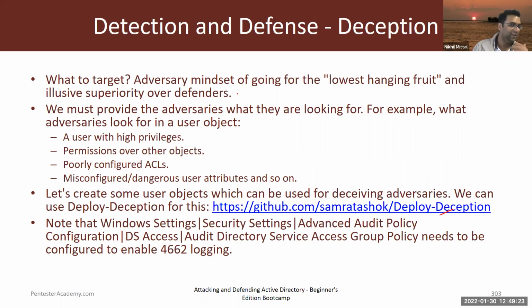I still keep seeing that a lot. You see posts, tweets like how I got domain admin in 20 minutes and things like that.